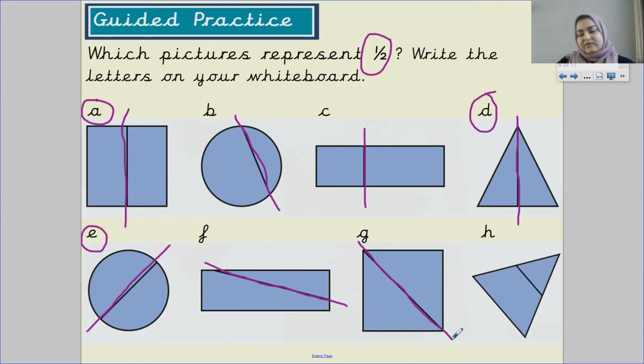And either side of my shape, I have equal parts. So both parts on the side of my lines are equal. So that means that is representing a half. Now, if you look at H, both parts are not equal. They are not the same. So that does not represent a half. So on your mini whiteboards, if you wrote down A, D, E, and G, then you were correct. They represent half.